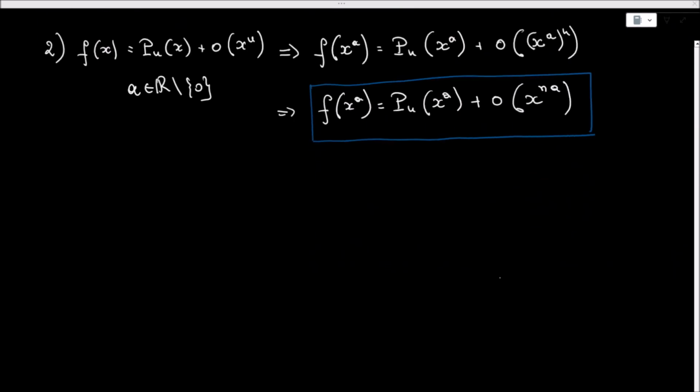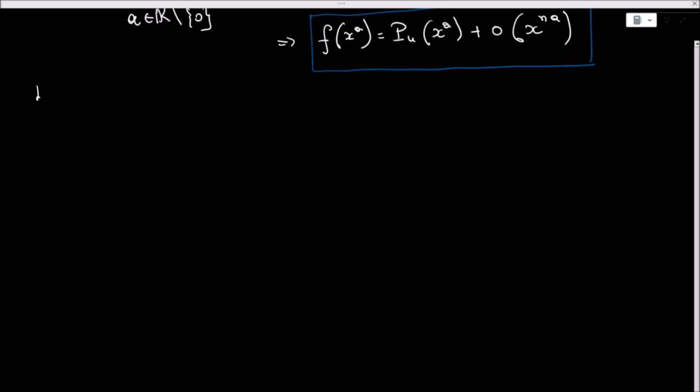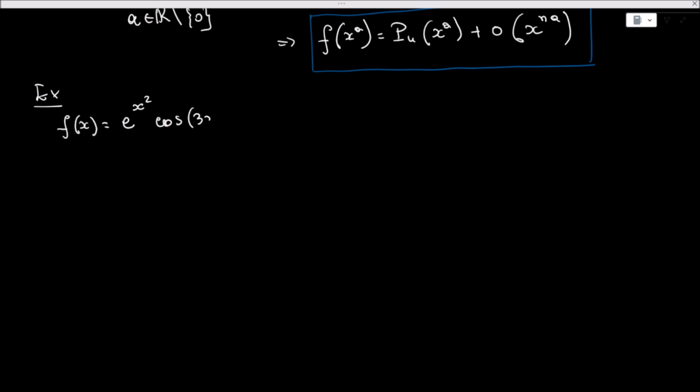Let's consider this example. f of x equal to e raised to the x squared times the cosine of 3x. And we want to expand this up to n equal 4 for x near 0.